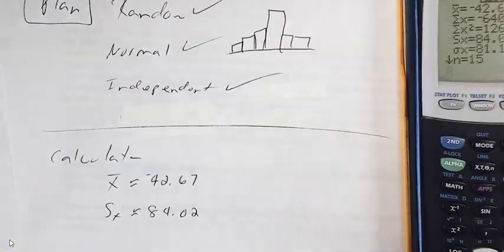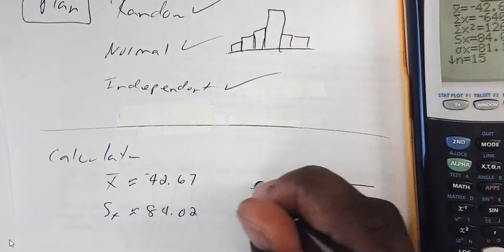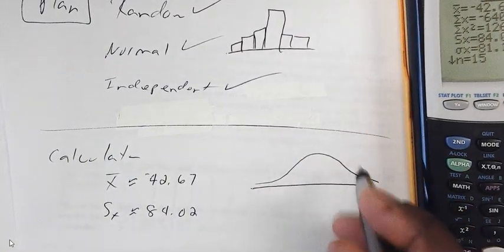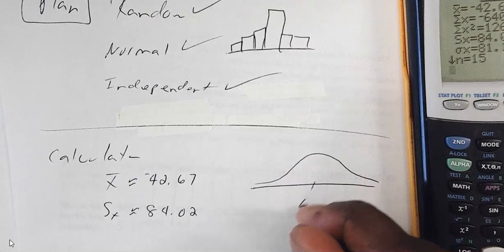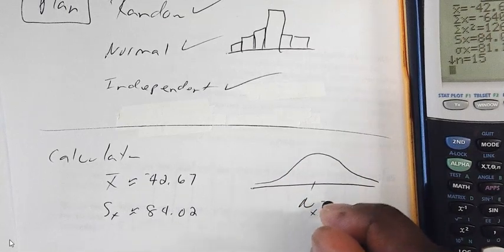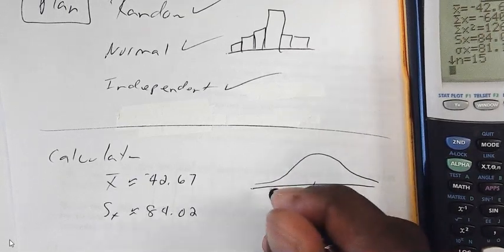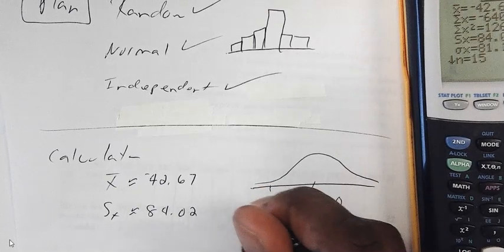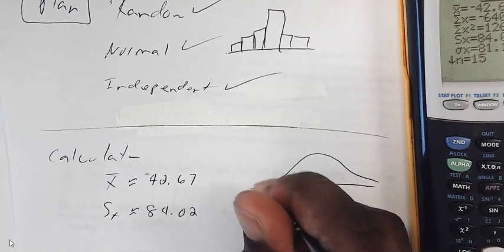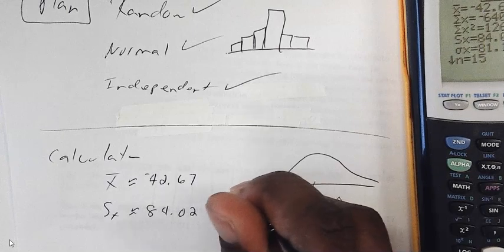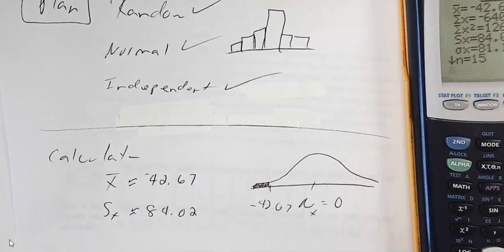And we can actually draw a quick picture of what we're calculating. We're going to assume that our mean is equal to 0. And this is at negative 42.67. We want to know the probability of getting the value on that side in this area here.